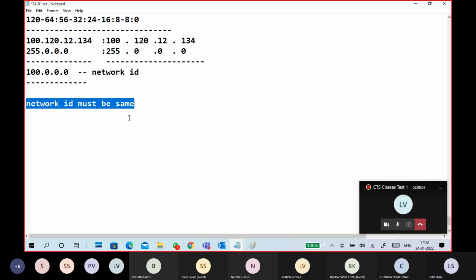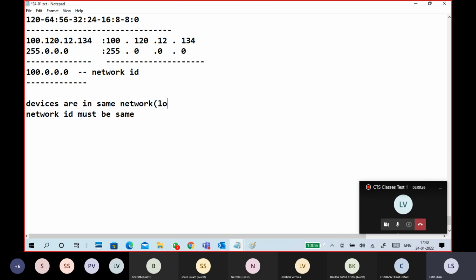Then only two devices are in the same network, meaning the same logical network.